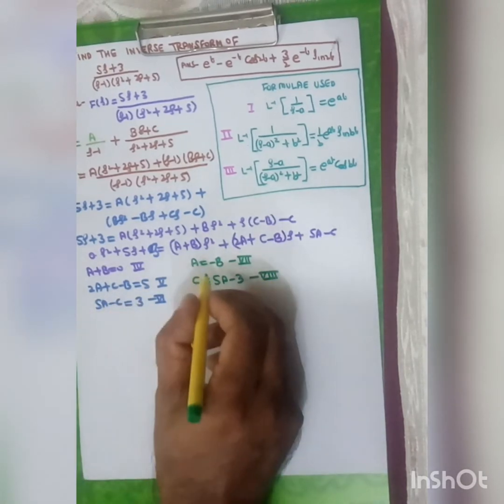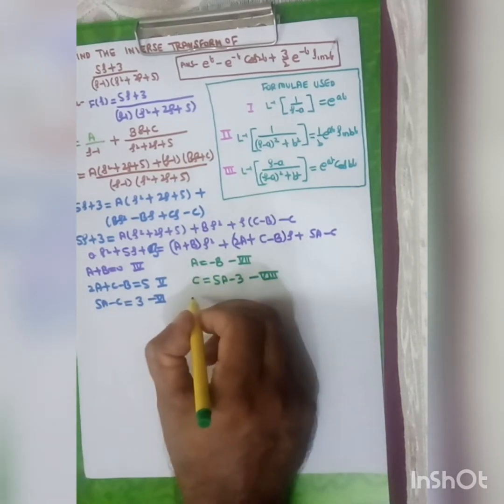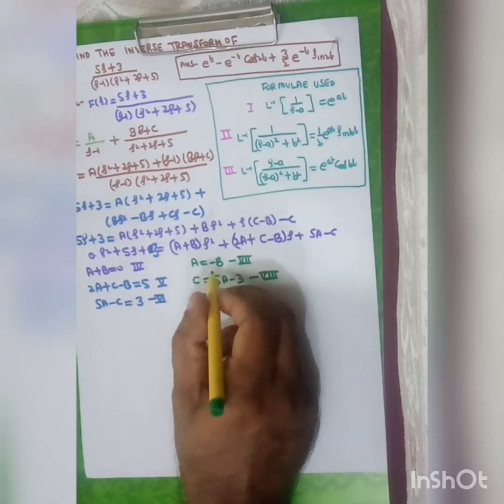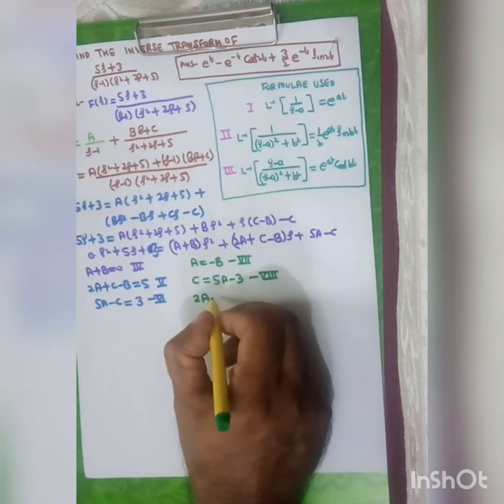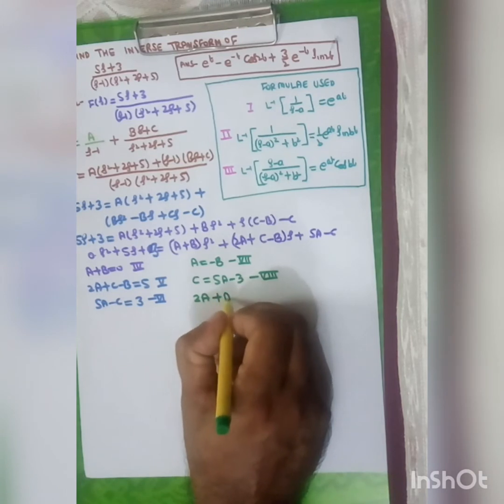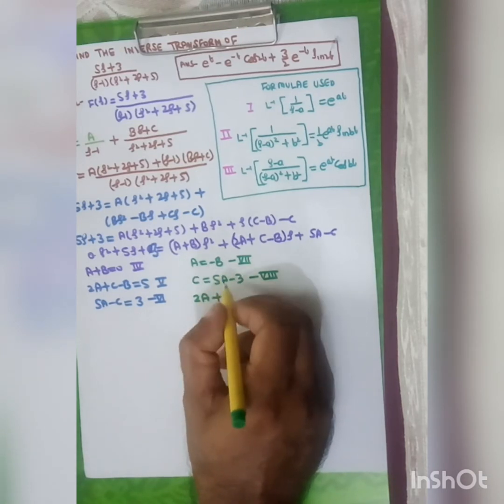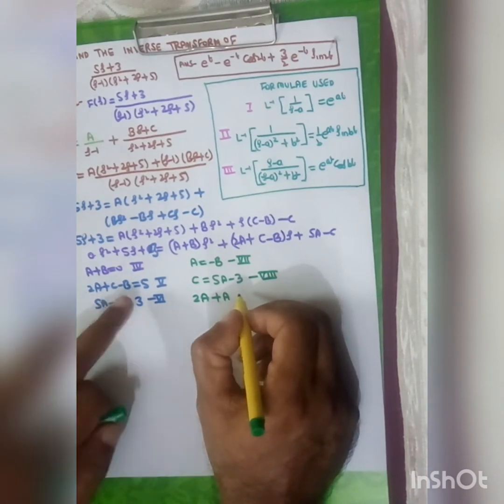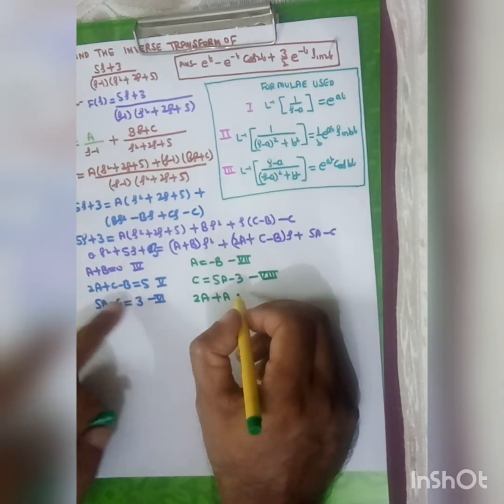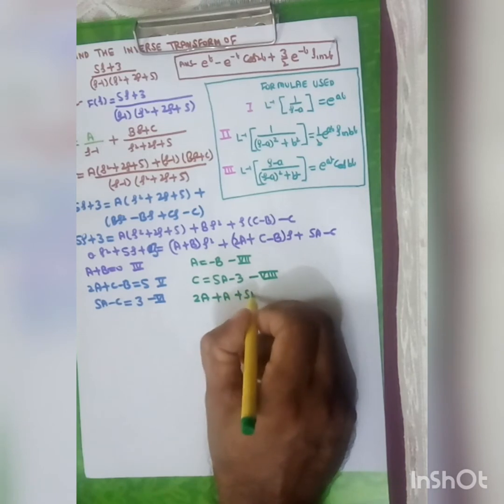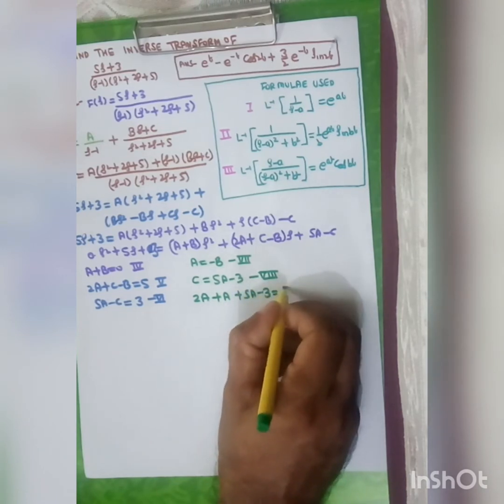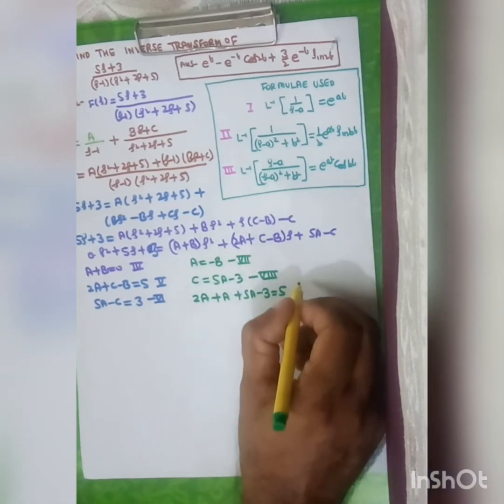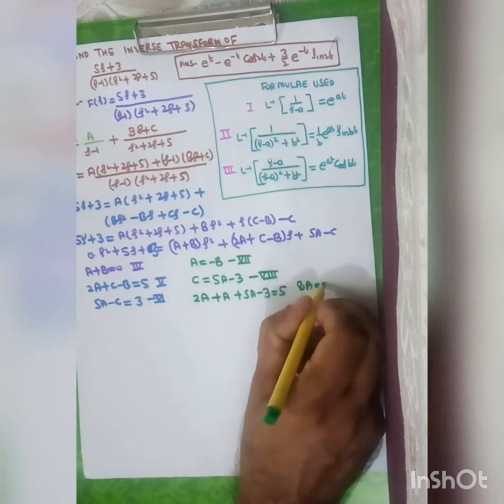On putting these values in equation 5 we get 2A minus B, where minus B is equal to A, so 2A + A + 2A, and C is equal to 5A - 3, is equal to 5. So 8A is equal to 8.